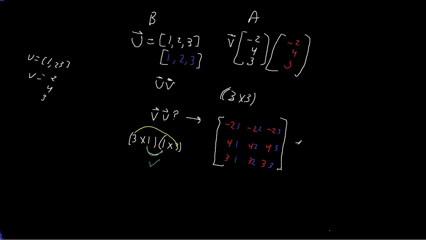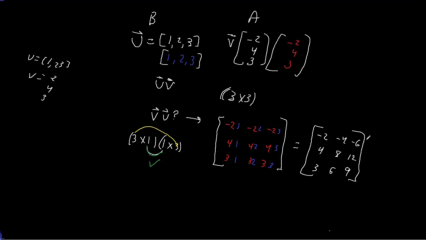If we do the math on that, we're going to get a 3 by 3 output. Negative 2 times 1 is negative 2. Negative 2 times 2 is negative 4. Negative 2 times 3 is negative 6. 4 times 1 is 4, 4 times 2 is 8, and 4 times 3 is 12. 3 times 1 is 3, 3 times 2 is 6, and 3 times 3 is 9.